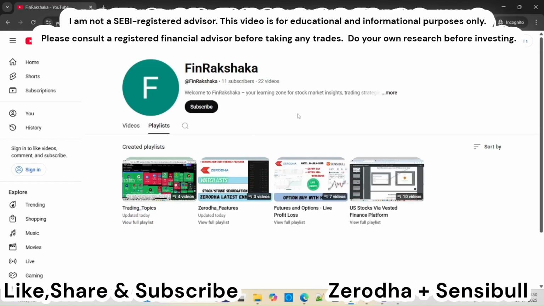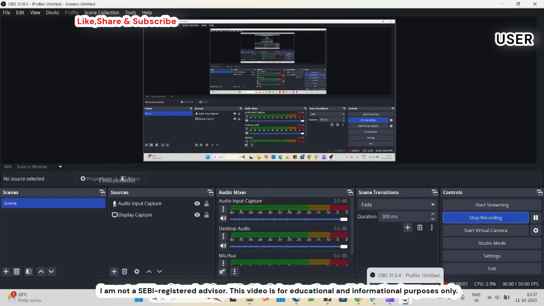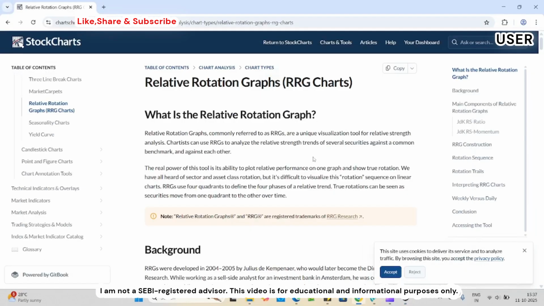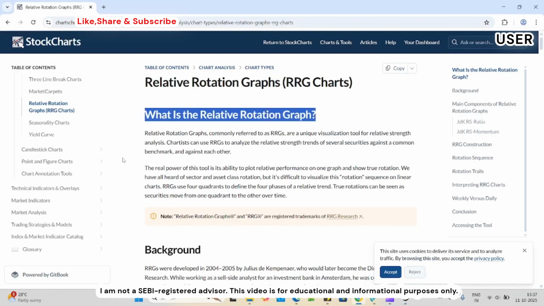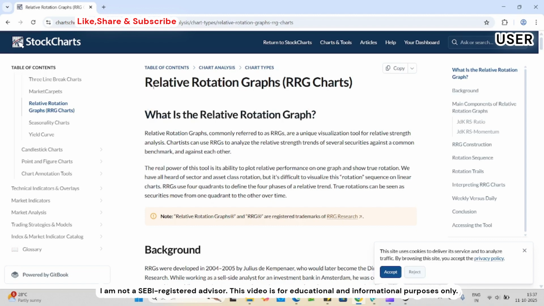Let's jump into the topic. So today I'd like to come up with one more useful topic and useful tool as well. That is relative rotation graphs.